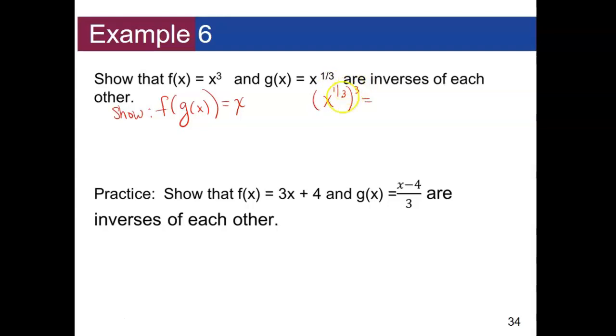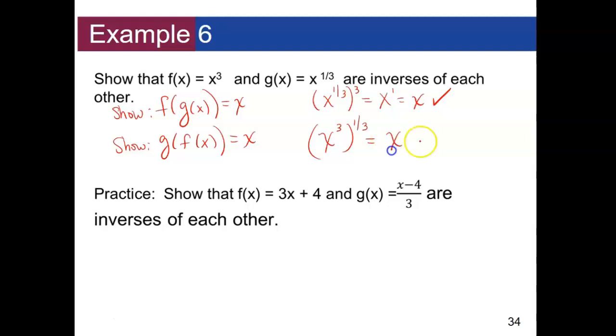These cancel because I multiply my exponents and I get x to the 1st, which we know is just x, and that's what I need to show. If I wanted to go in the opposite direction, because it really doesn't matter which direction I go, I don't have to do both, I just have to do one, I would have x to the 3rd, and I'm going to put that into the 1/3 power in this function here, so I'm going to have x.